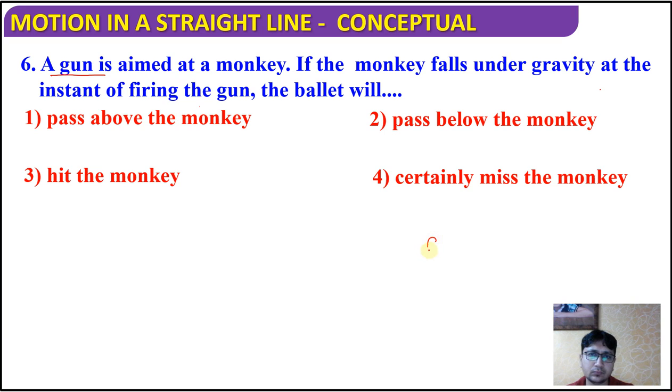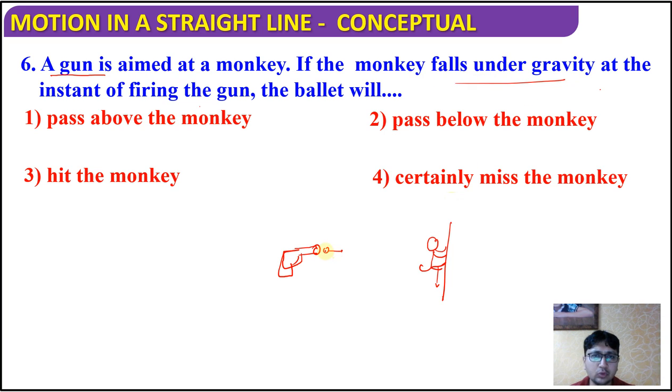Suppose here is a monkey. Now the gun is aimed at this position, and when it is fired, suddenly this monkey falls down. The monkey falls down under gravity.